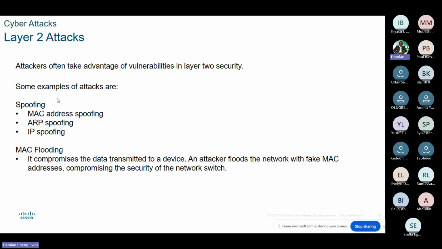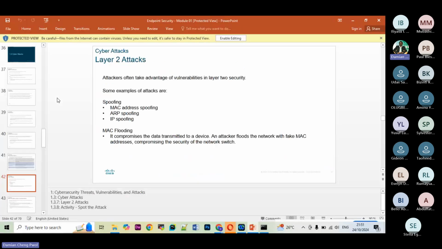Let me just quickly do a little bit of this. The MAC address is the same as your fingerprints. You can travel from this country to another country and your fingerprint does not change. It tells who you are. It's unique to you in particular. So that is the MAC address.